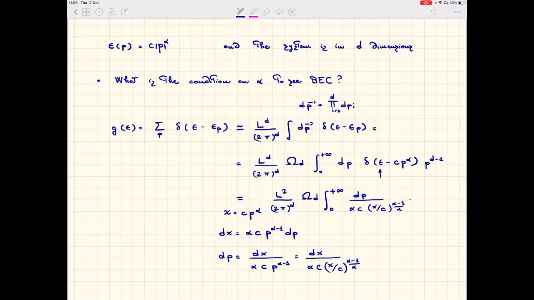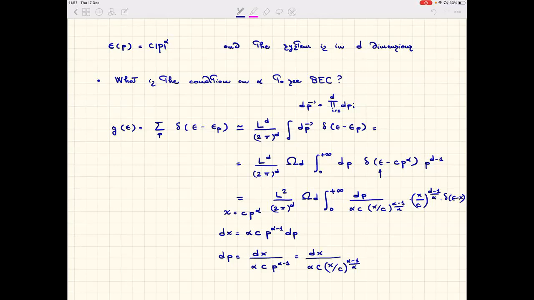And then I will have p to the d minus 1, so p was actually x over c to the power d minus 1 over alpha. And then times delta of epsilon minus x. Okay?